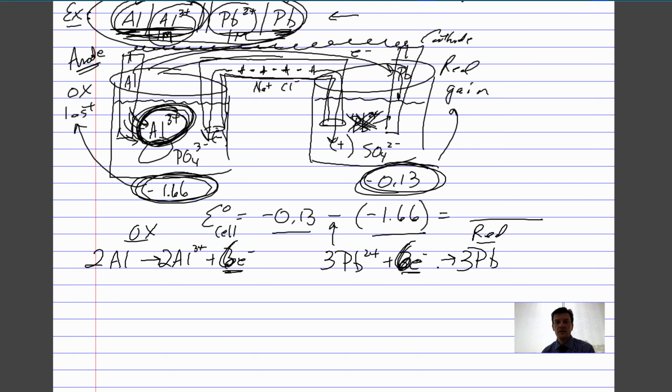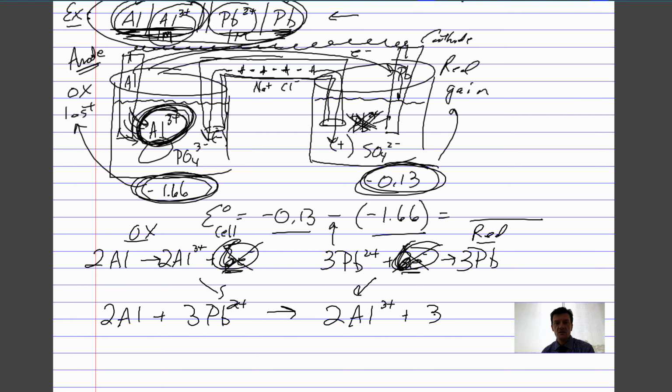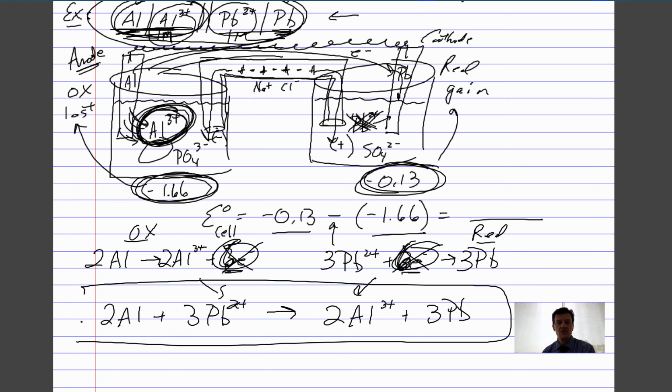Now I have 6 lost, 6 gained. And I don't need electrons in my final equation. Now I can bring them together. 2Al plus 3Pb2+ is going to yield 2Al3+ and 3Pb. That would be your final redox reaction for this particular galvanic cell.